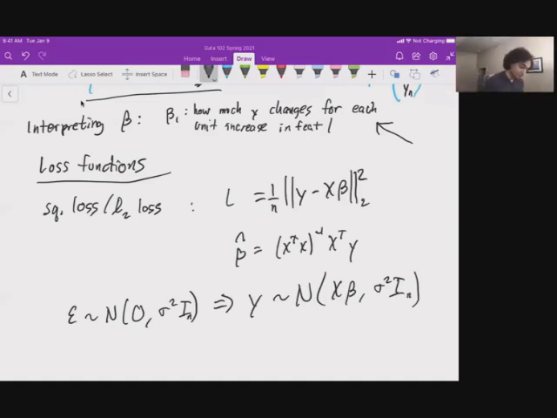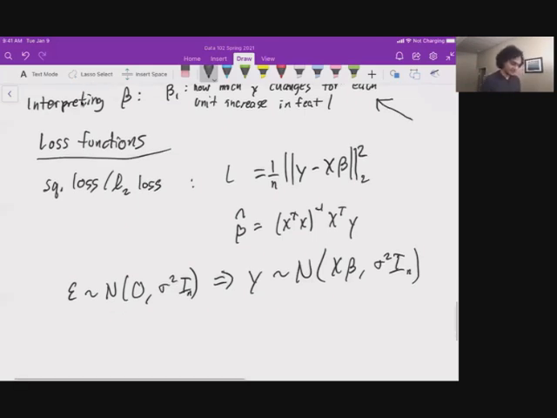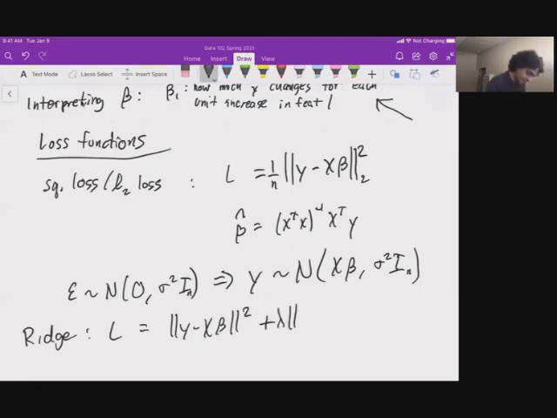We have also seen regularization. There's ridge regression, where your loss becomes the norm of y minus x beta, plus some constant times the norm of beta. Why do we do this? Because we don't want the terms in beta to be too big.